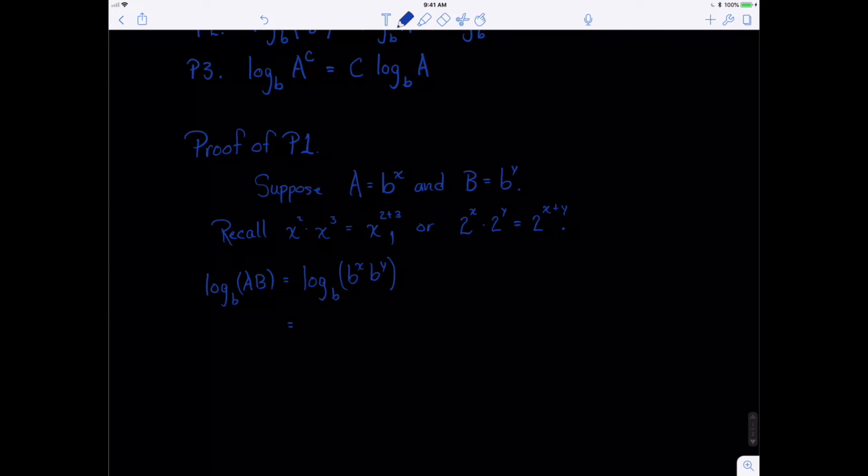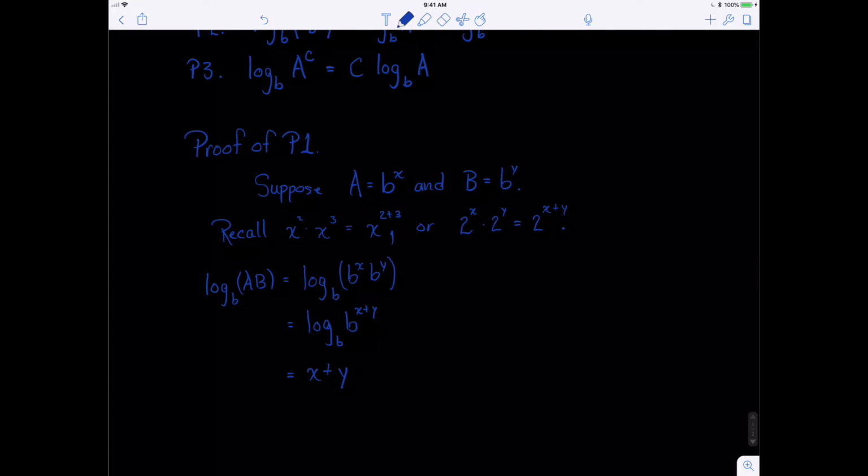Now let's use what we just recalled above. This becomes the log in base b of b raised to the x plus y. Now remember that if the bases match, the log in base b of b to some exponent is very simply just whatever the exponent is. So now we're left with x plus y.